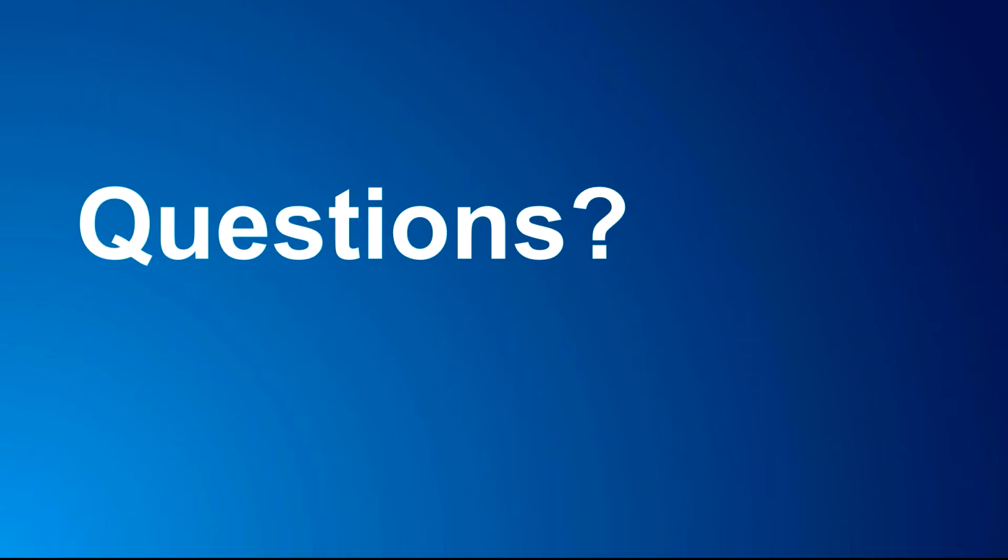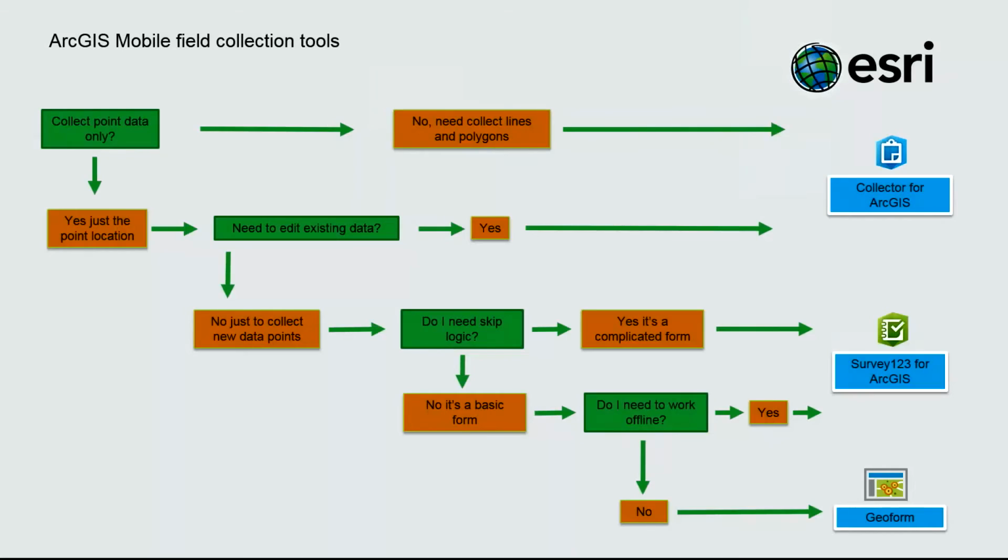So again, we'll go back to the decision tree earlier of, do I use Collector, do I use Survey123, do I use the Geoform? All of those can be secured, and all of those have the ability to have a named user, so you must provide identity. You don't have to make a geoform public. It's an option if you want to make it public. But both Survey123 and Collector do require authentication.